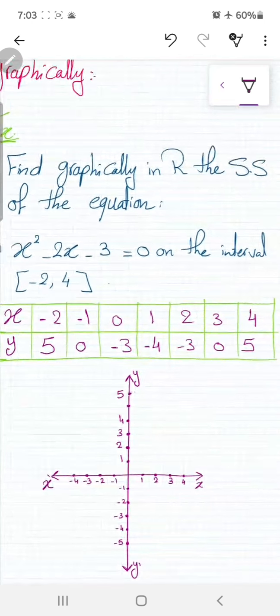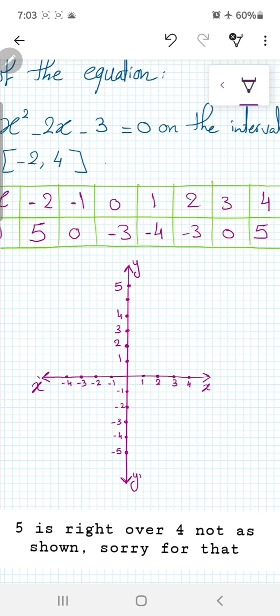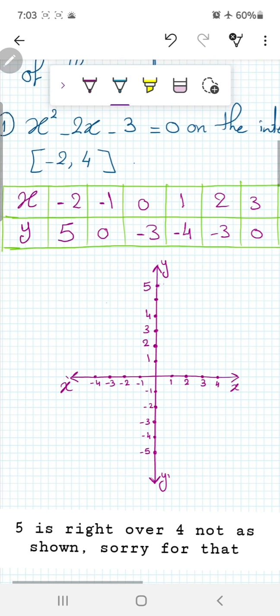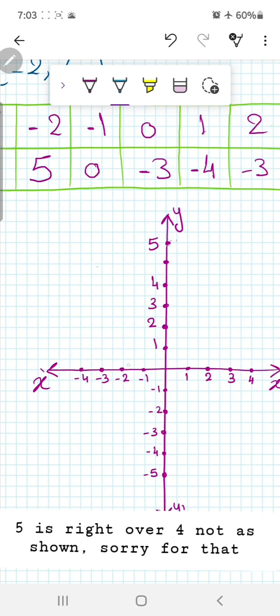Okay, and draw the x-axis and y-axis. First, we have the first point, it will be negative 2 and 5. Negative 2 in x and 5 in y, so the point will be here. Okay, negative 1 and 0.